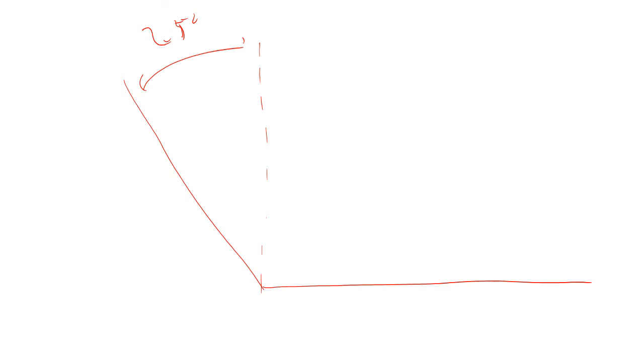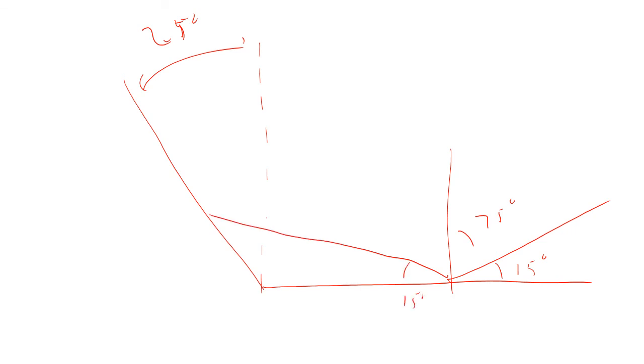Okay, but what you can do is imagine now that a beam of light comes in here at an angle of 75 degrees. Well, that makes that 15 degrees. So it reflects off here. So that's 15 degrees.